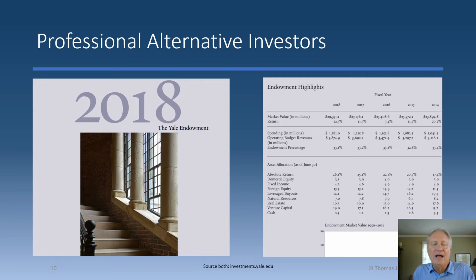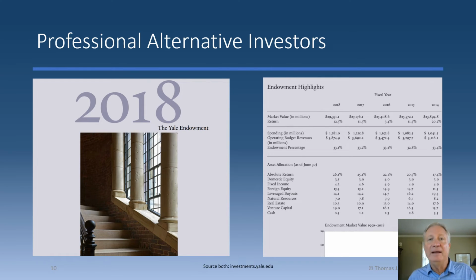I showed this slide in the investment fundamentals video, I think, basics. This is the cover and one of the early pages in the Yale Endowment newsletter. It shows that the Yale Endowment pioneered this style of investing, pioneered by David Swensen, who's now deceased, passed last summer.